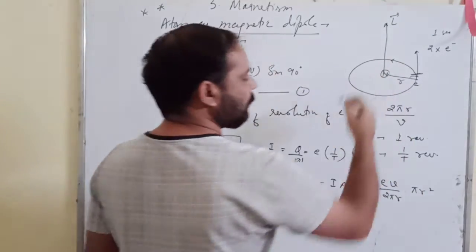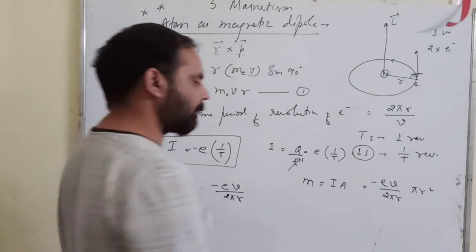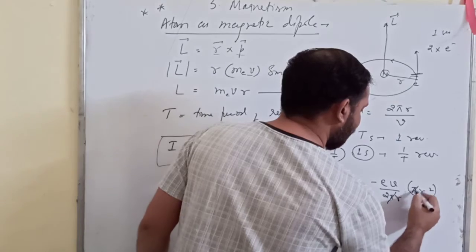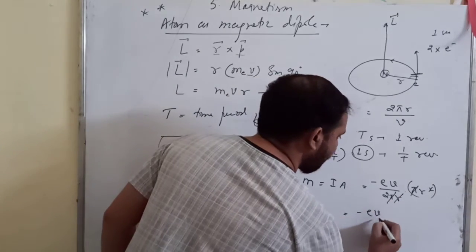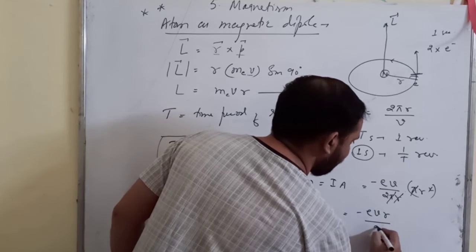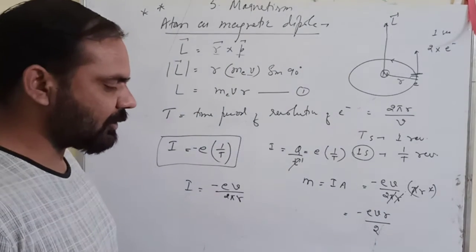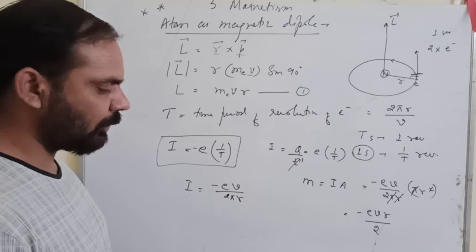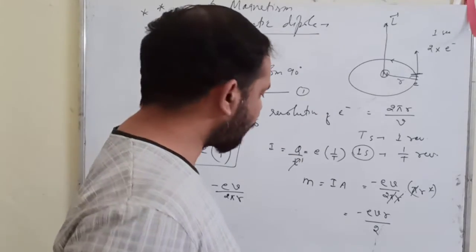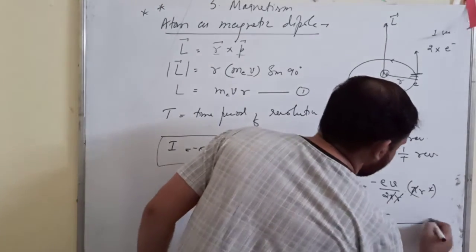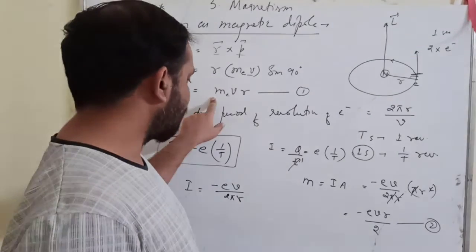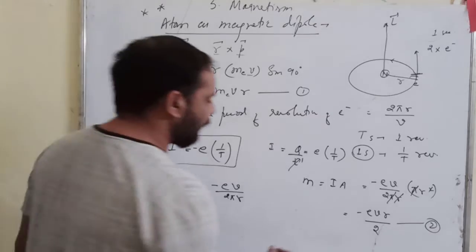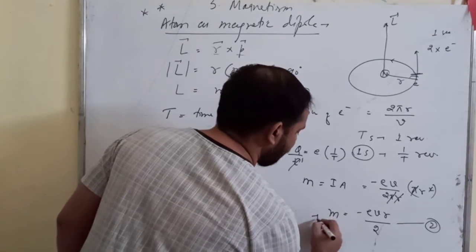What is the area of this loop? It is pi r square. So pi will cancel, r square will cancel, and you get minus EVr upon 2. Take this as the second equation. Now you have L equals m e v r, and M is equal to this much.